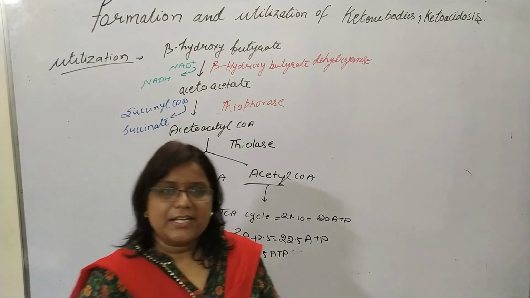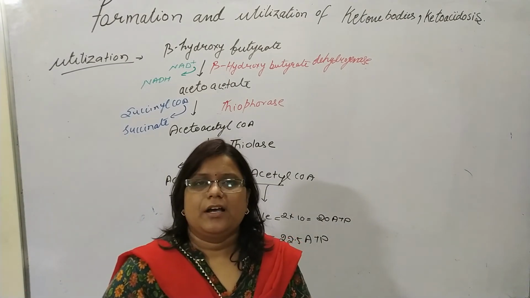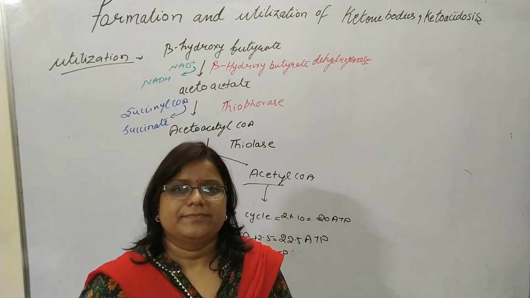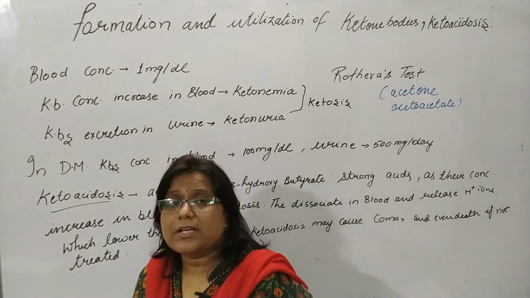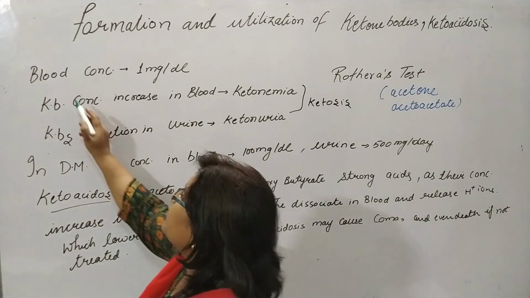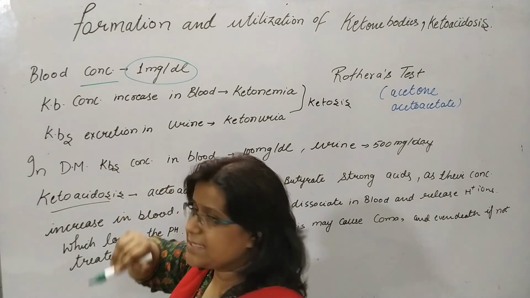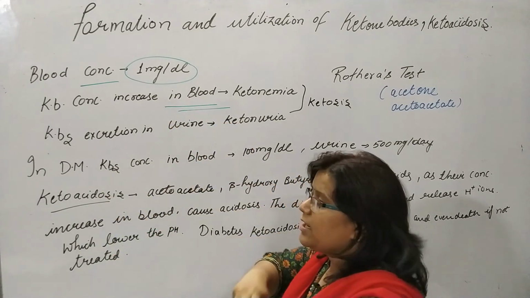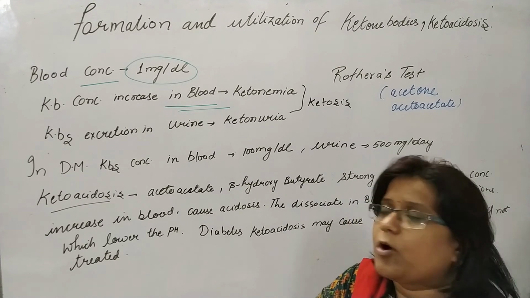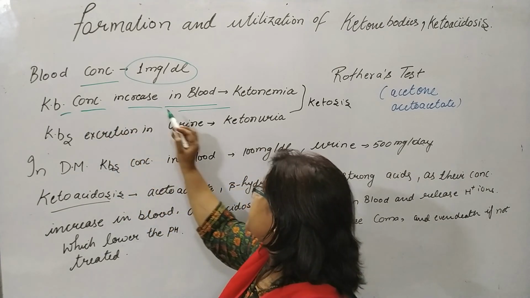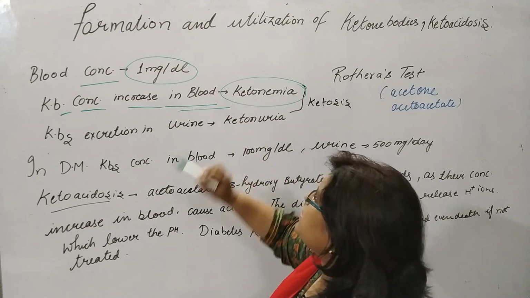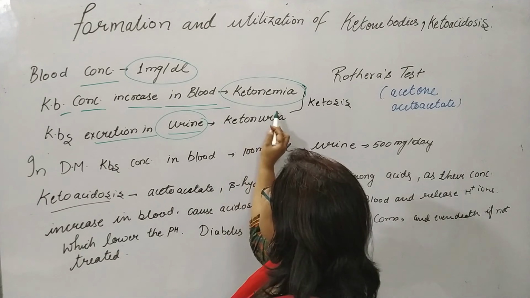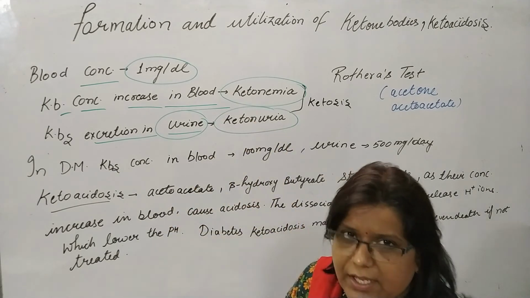21.5 ATP is generated. Now we will see the ketone body formation in the urine and in the blood itself, and the normal concentration of ketone bodies in the blood. The blood concentration is around 1 mg per deciliter. If the ketone body concentration increases in blood, that phenomenon is known as ketonemia. If ketone body excretion increases in the urine, this condition is called ketonuria.